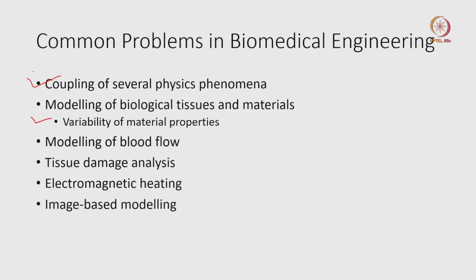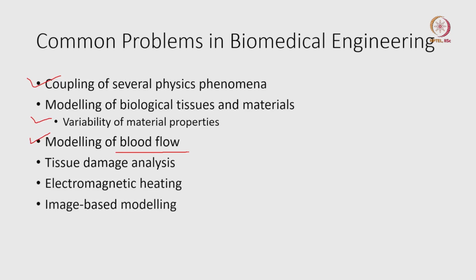When we talk about electrical stimulation within the brain, it's not just the tissue that we are going to model, but there is also an extensive flow of blood within the arteries and capillaries of the tissues in the neural regions. So how do we take account of that blood flow?